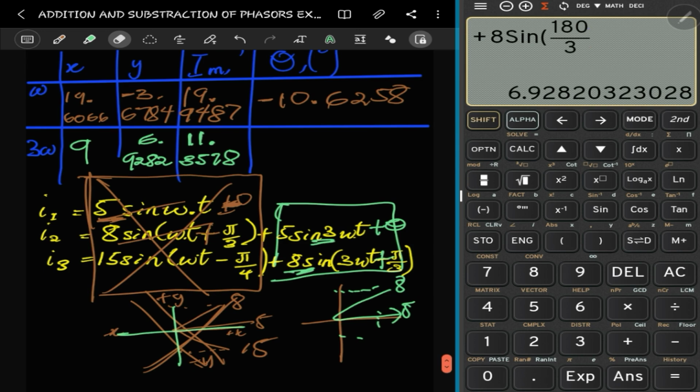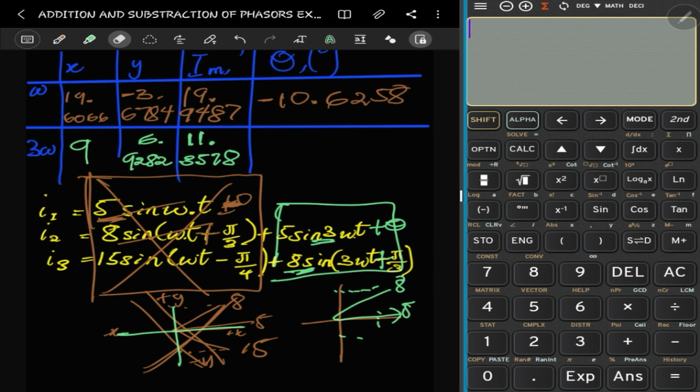So let's see if you are trying to find the Im. This one we are also verifying your work to see if you're on the right path. So we have the square root of 9 squared and 6 squared. Because it's squared, that one will still be the same, 6.9282, right? What will be affected will be the phase angle.